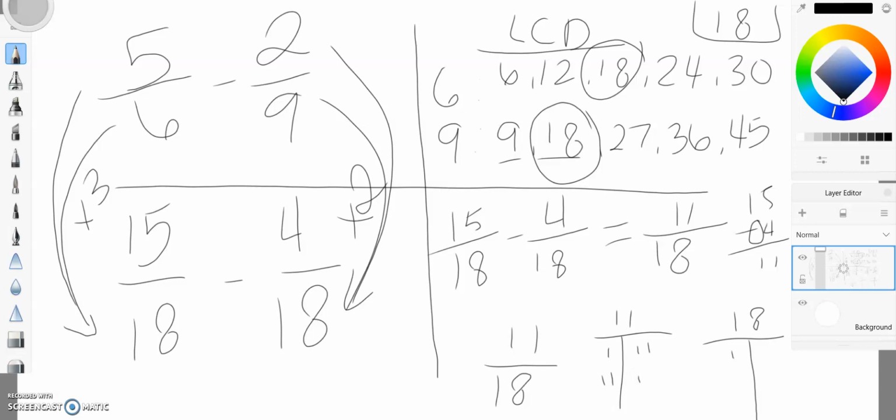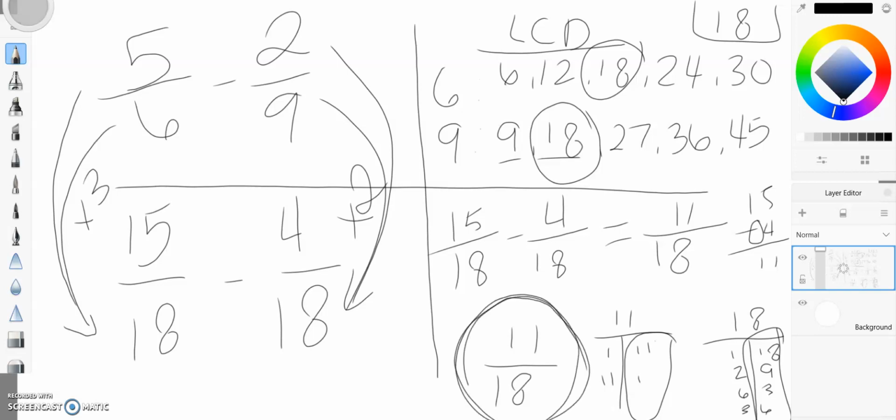Multiples for 18 would be 1 times 18, 2 times 9, 6 times 3, or 3 times 6, and so on and so on. You do not see anything in common between this column and this column. So that tells me this cannot be reduced. So the difference, or the answer for our problem, is 11 over 18.